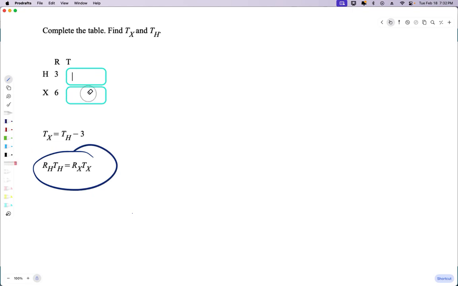So let me erase this out. Let me cover this back up. There we go. So if RH times TH is equal to RX times TX, I'm going to put in RH, TH, RX, TX, just like that.